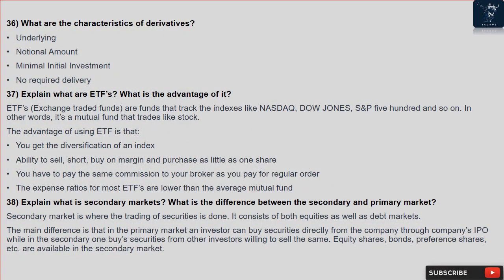36. What are the characteristics of derivatives? Underlying, notional amount, minimal initial investment, no required delivery. 37. Explain what are ETFs? What is the advantage of it? ETFs, exchange-traded funds, are funds that track indexes like Nasdaq, Dow Jones, S&P 500 and so on.